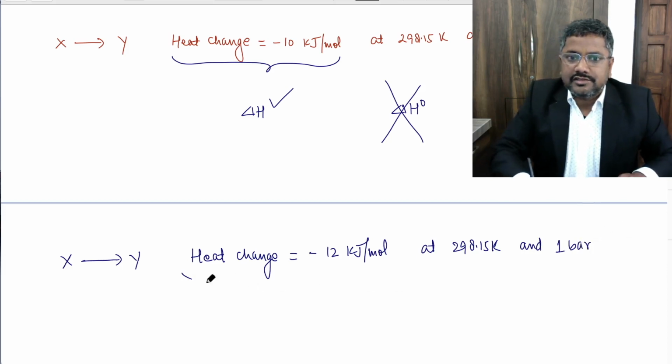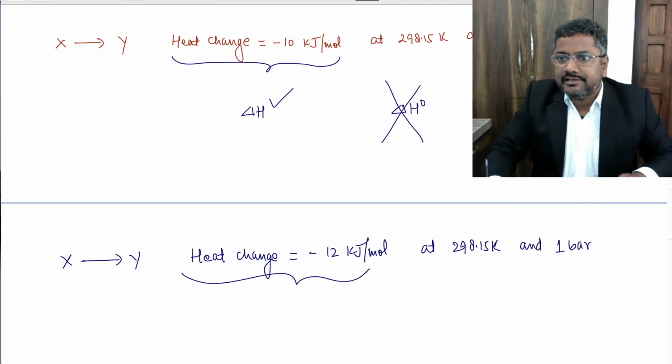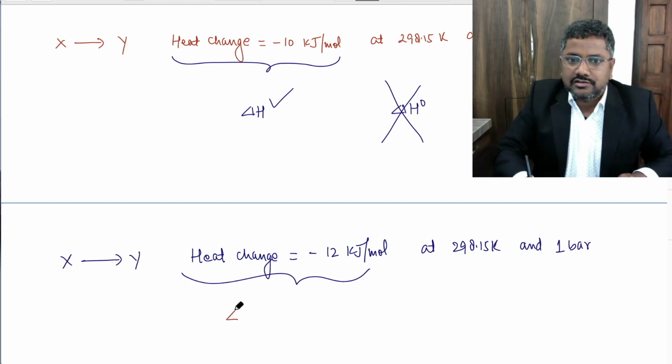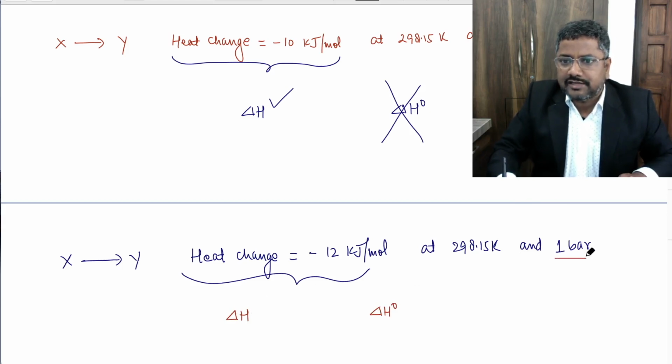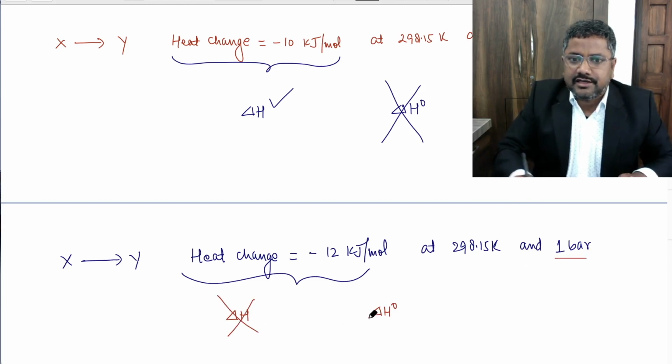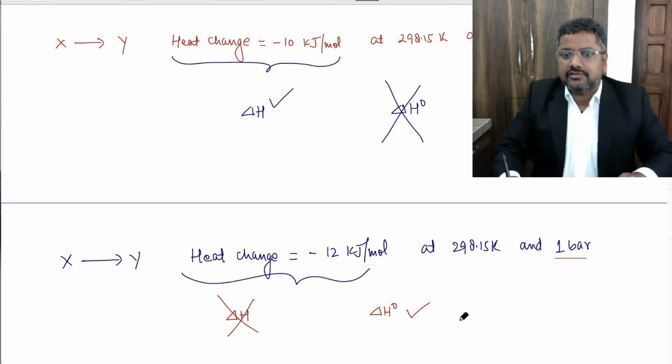So what is this value? Is it delta H or delta H naught? This time this is delta H naught, not delta H, because 1 bar pressure is fixed here.